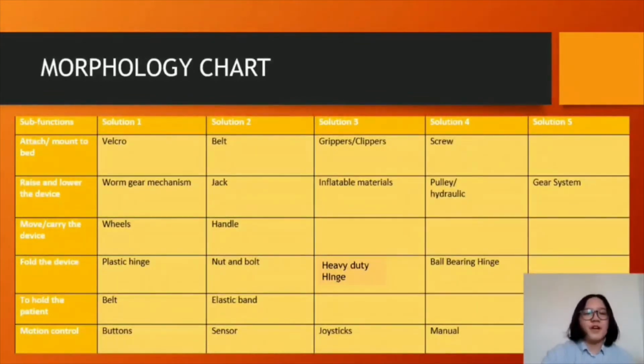For the fourth sub-function, there are 4 solutions, which are plastic hinge, nut and bolt, heavy-duty hinge, and ball-bearing hinge. In order to hold the patient, belt and elastic band can be used. For the last sub-function, there are 4 solutions, which are buttons, sensor, joysticks, and manual.